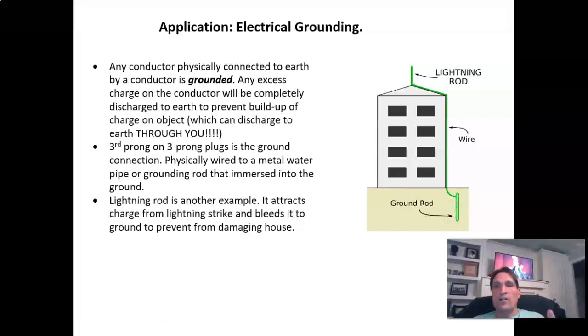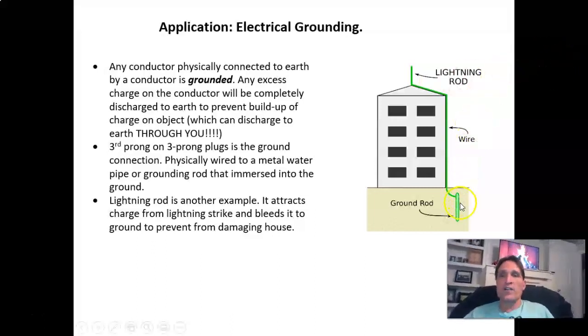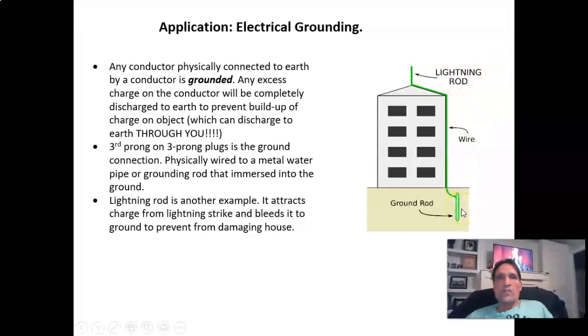It would discharge to ground without shocking you. Okay, and so anything that's physically connected to ground, we say is grounded, whether that be a lightning rod or the third prong on your plug that's connected to the wire, which is connected to a metal pipe, which is buried in the ground. That just provides an easy path to ground.